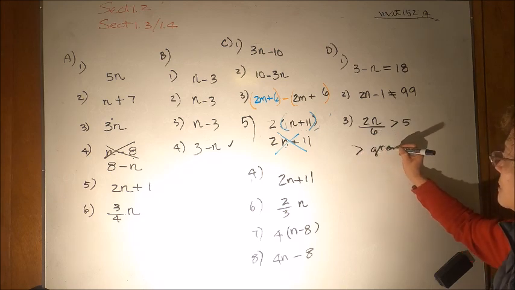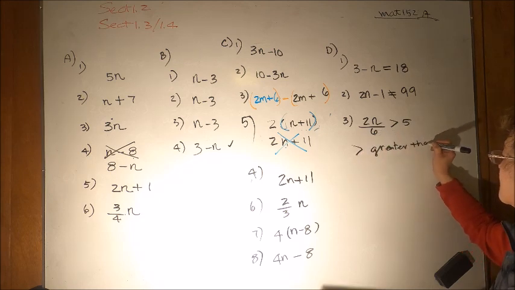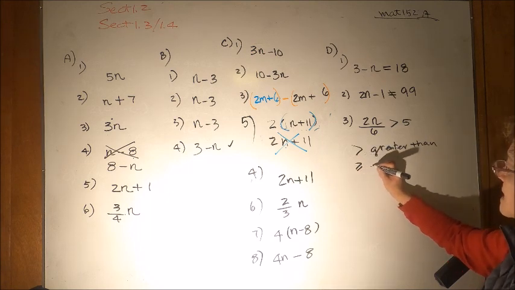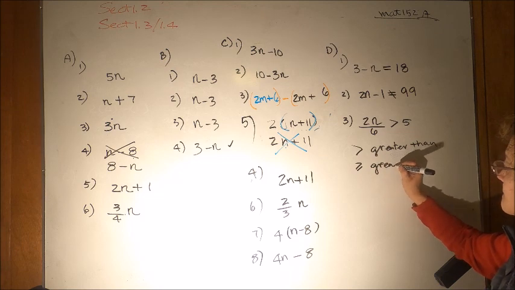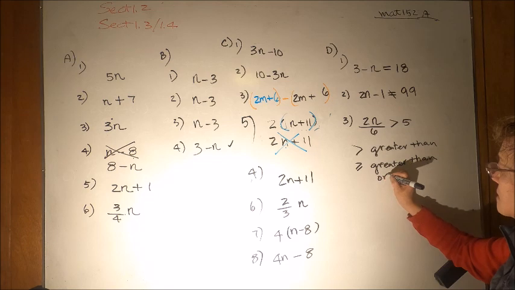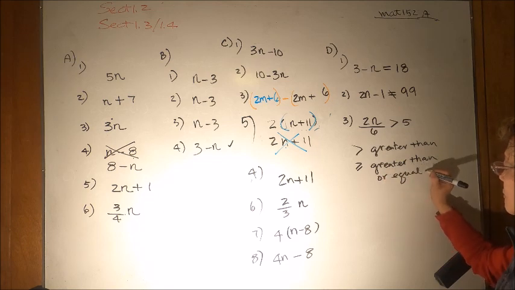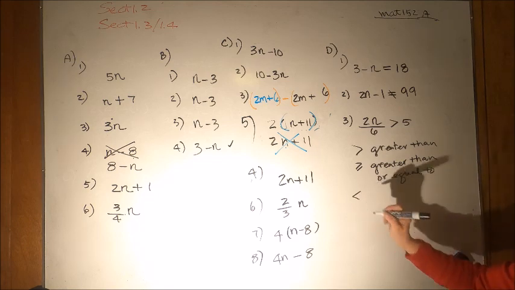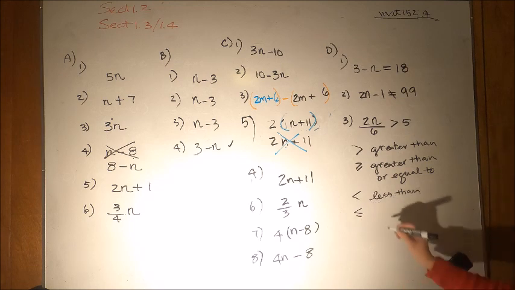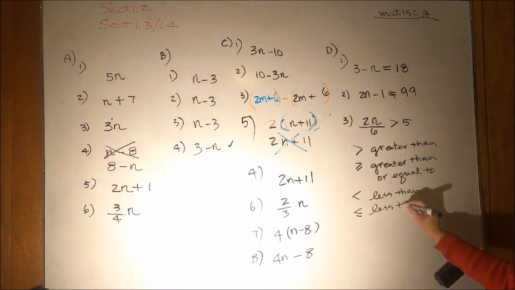So this one is greater than, right? Then this one, if you have equal there, that means greater than or equal to, right? Then if you use this sign, it means less than. If you use this sign, that means less than or equal to, right?